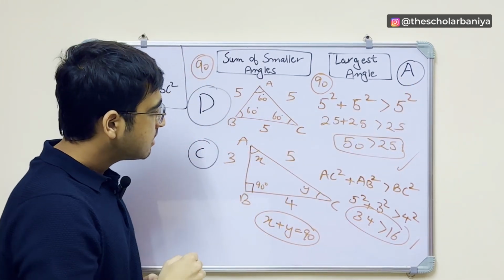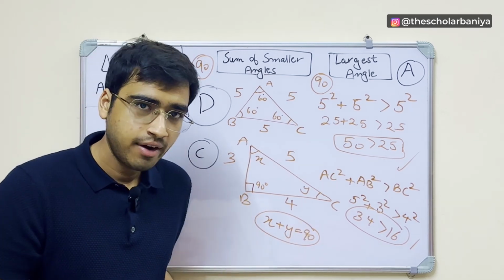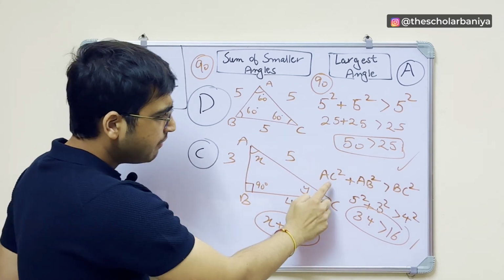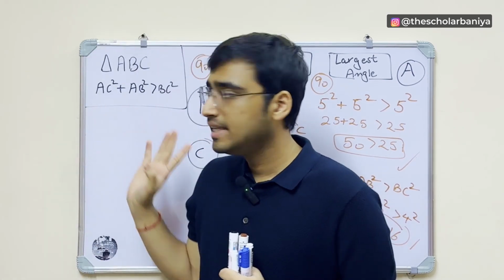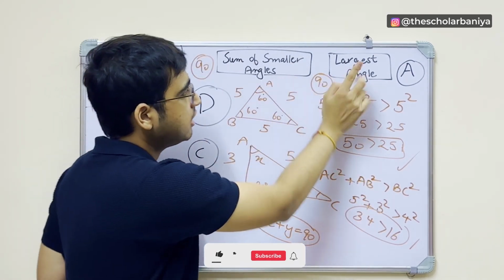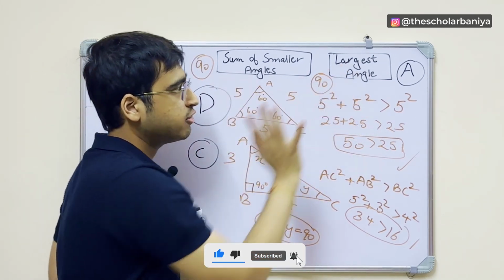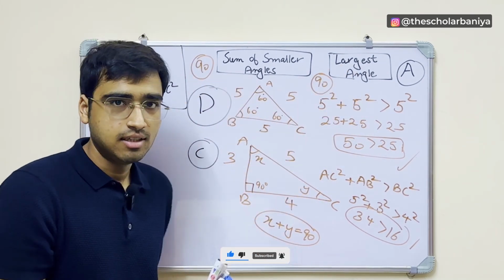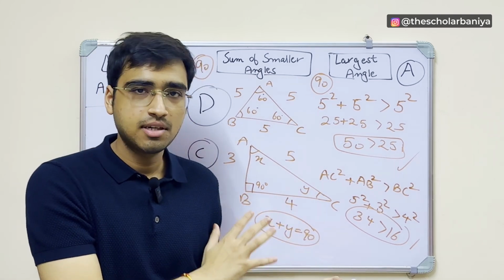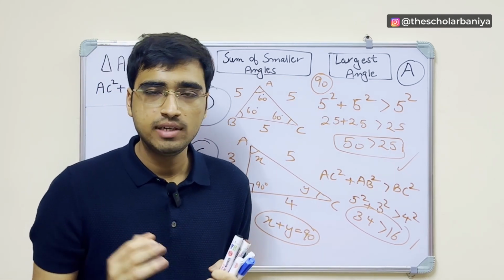Then in the second case, I took a right angle triangle, in which this condition is again completely satisfied. Then I showed you that this part is equal to this part, where X plus Y is 90 and this angle is also 90. That means the answer is C. So sometimes the answer is A, sometimes the answer is C. So my final answer becomes D. I hope this should be absolutely fine.